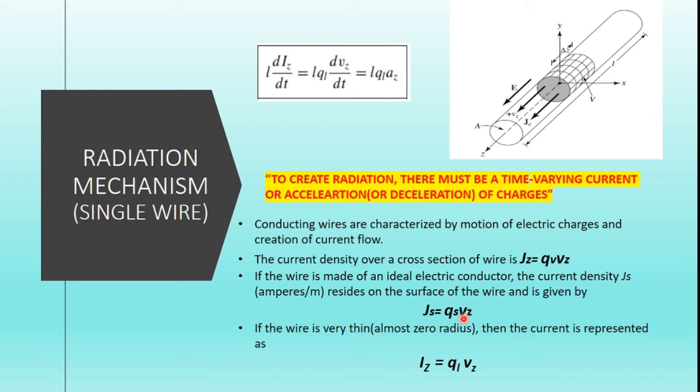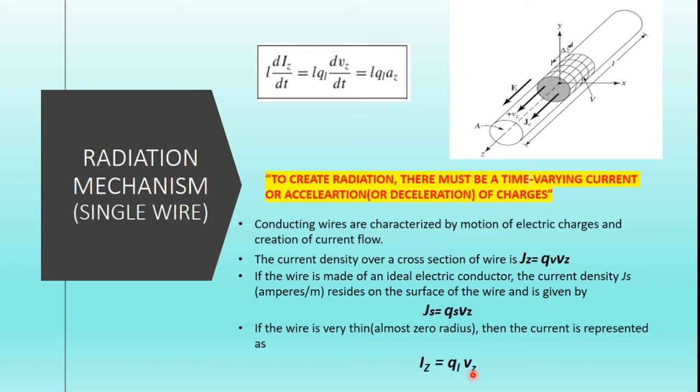Now, if you assume the wire to have almost zero radius, if the thickness is very small, then we can directly define the current through the wire, rather than the current density. We say density when there is an area of the wire, when the radius is large. But when the radius is very small, we can consider it to be I instead of J. So Iz can be written as QL into Vz.